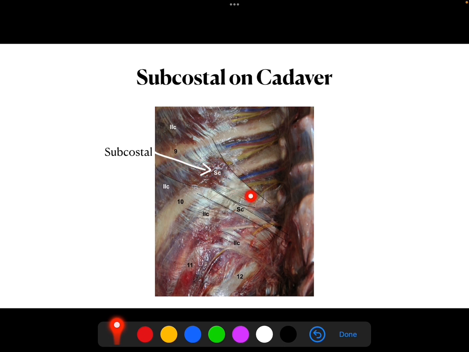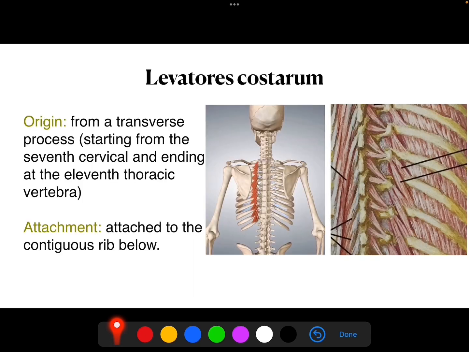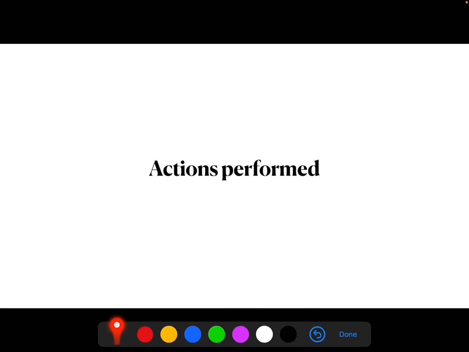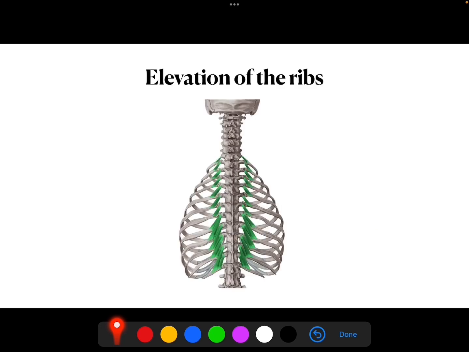This is what it looks like on the cadaver. Levator costarum. It originates from a transverse process starting from the 7th cervical vertebra and ending at the 11th thoracic vertebra and attaches to the contiguous rib below. Actions performed by this muscle are elevation of the ribs. It elevates the ribs.